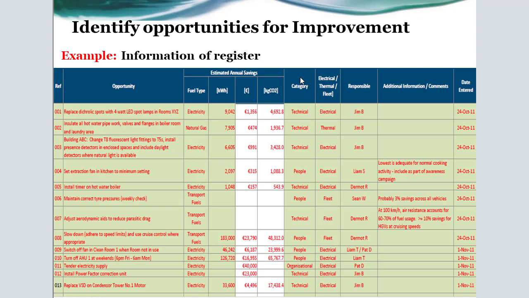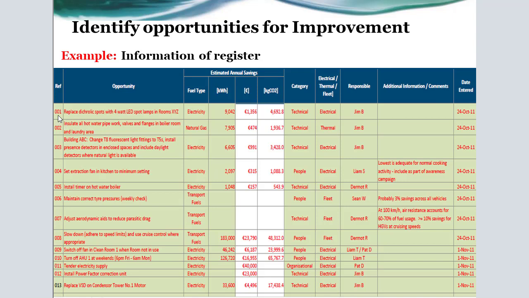We also have a category for each opportunity, and here the column represents electrical, thermal or fleet, the source of energy, and this column represents who is responsible for each opportunity in this table, and also any other additional information or comments, and the last column represents the date the specified opportunity was entered.